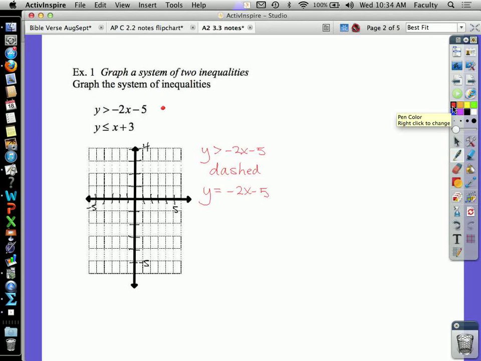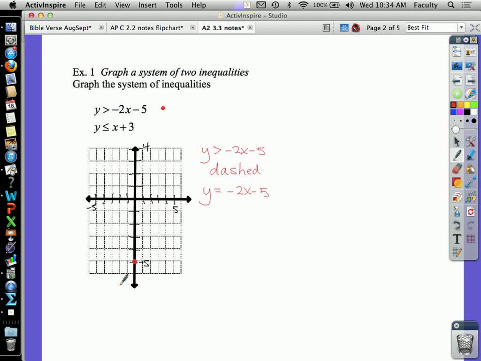So when I want to graph y equals negative 2x minus 5, the great news is I can plot the y-intercept. And if you notice on my grid, I don't have enough space to go down to right 1.